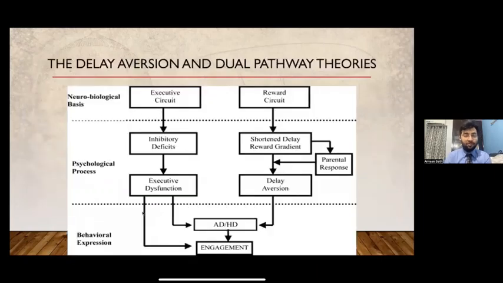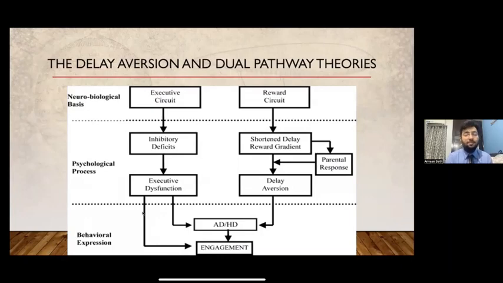Then the next theory was the delay aversion and dual pathway theories. This stated the presence of two circuits, the executive circuit and the reward circuit. The executive circuit is involved in executive dysfunction due to inhibitory deficits in the same, while the reward circuit is based on delay aversion.